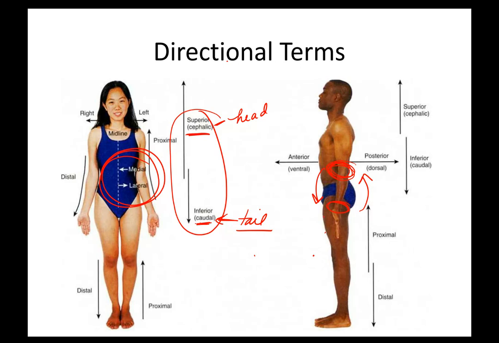A lot of times, and I mentioned this in the lecture presentation, we use those terms when we're talking about four-legged creatures, or animals that are oriented in that same pattern where their stomach is facing the ground, because their cephalic, their head is not in a superior direction.